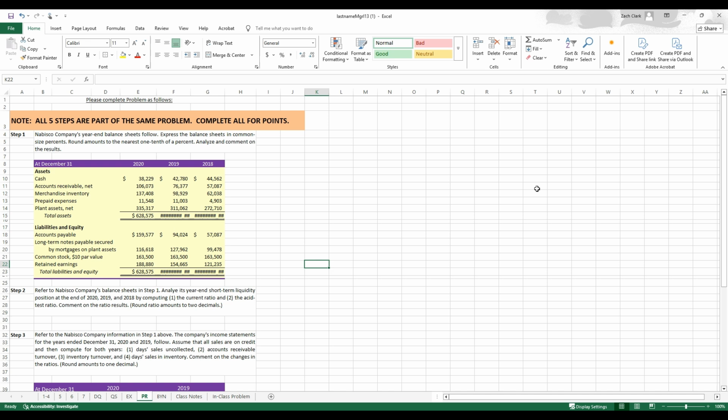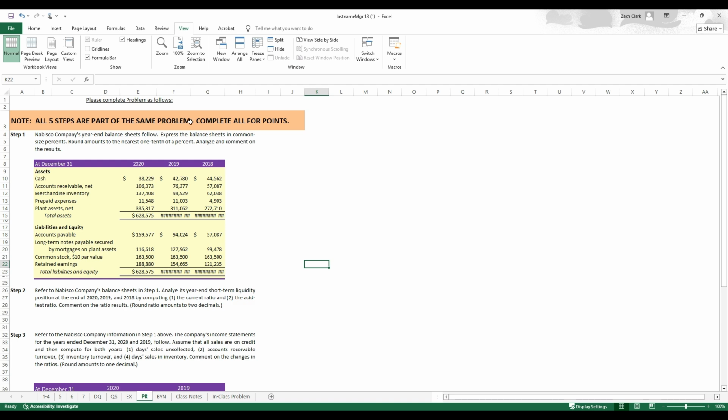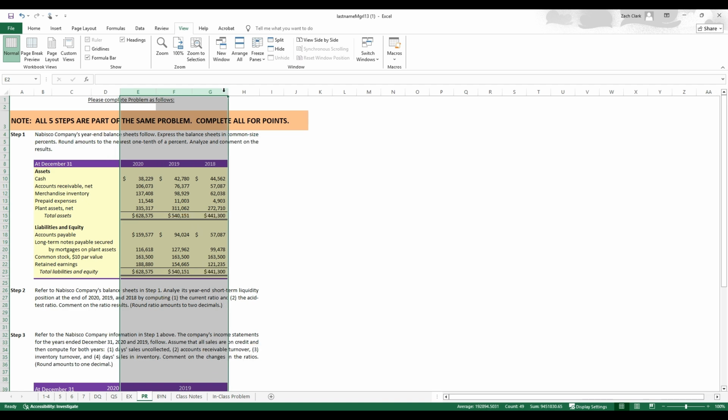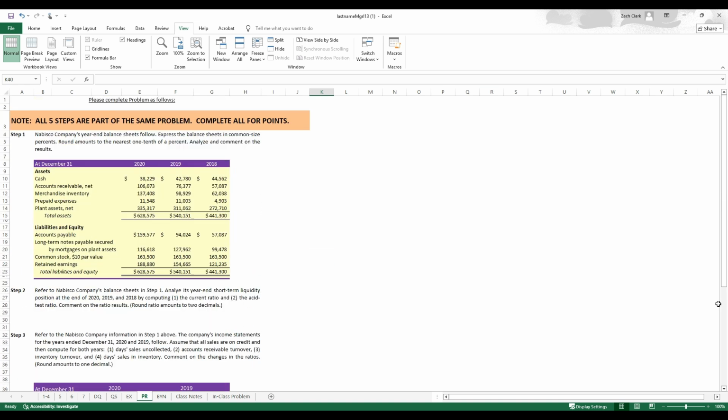All right, let's click over to our PR tab. Note all 5 steps are part of the same problem. Okay, so we've got 5 steps broken out here. Just going to format those so we can see everything. Yeah, let's take a look.